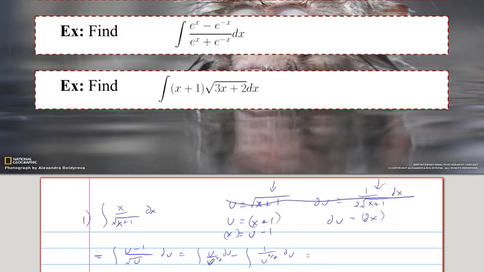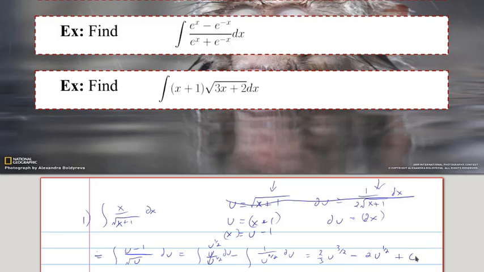Well, of course, this one, u over u to the 1/2 becomes u to the 1/2, and when you integrate that, that's going to be 2/3 u to the 3/2 minus, and then here we've got u to the negative 1/2. Add 1 to that, you're going to have 1/2. U to the 1/2 divided by 1/2, which is where I get the 2.